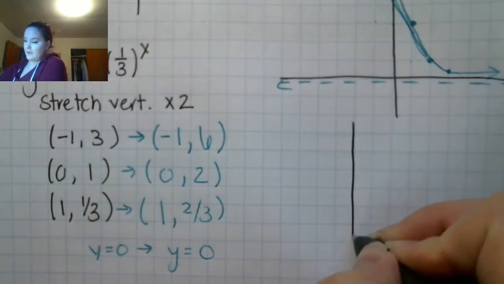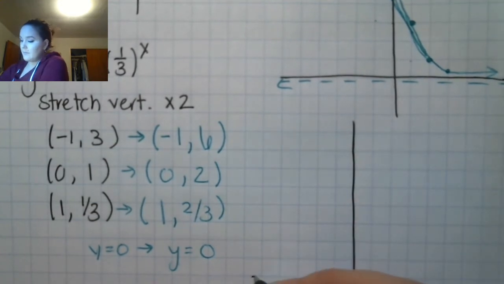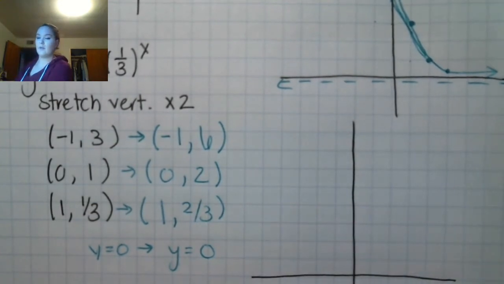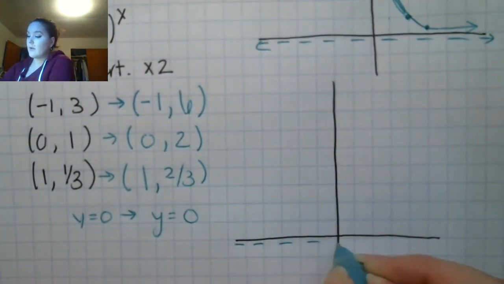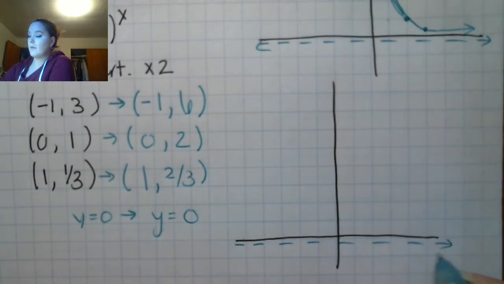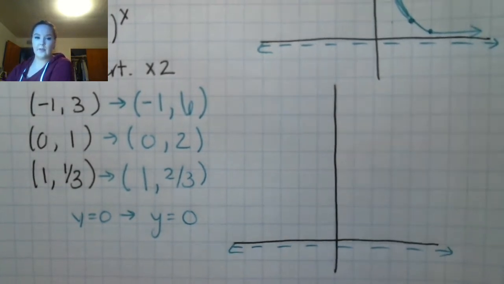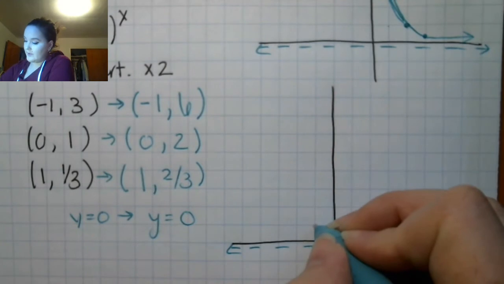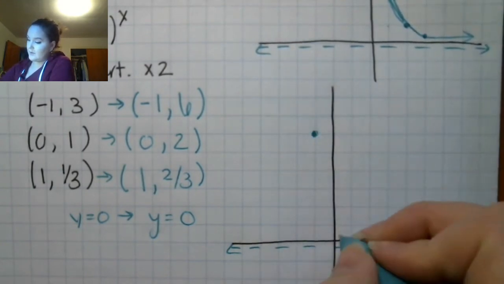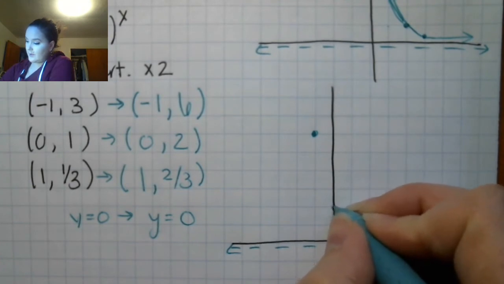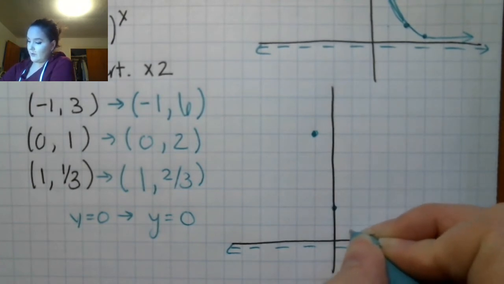All right, let's look at the graph here. So our horizontal asymptote is still at 0. And then we're going to graph all of our key points. -1, 6, 0, 2, and 1, 2/3.